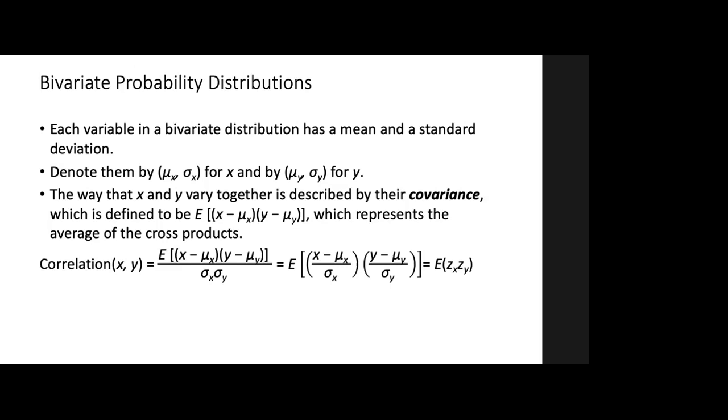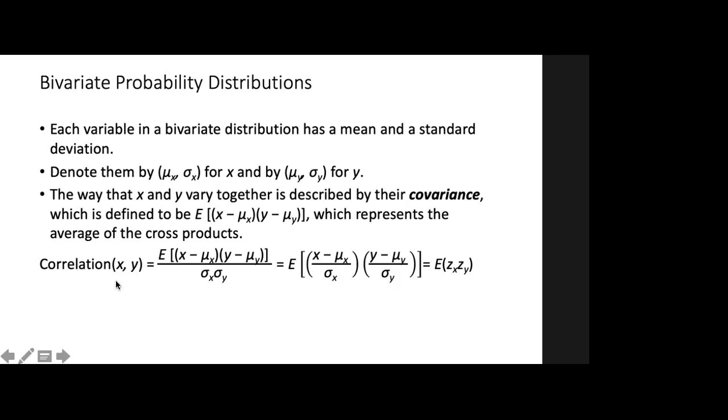The way that these two variables vary together is described by their covariance, which is defined as the average cross product: the expected value of the deviation of an x value from the mean of x, multiplied by the deviation of a y value from the mean of y.